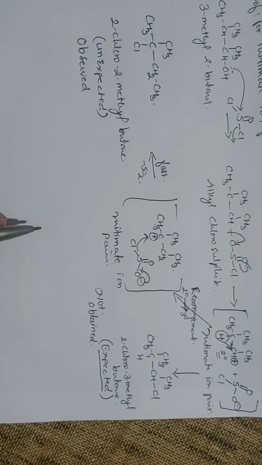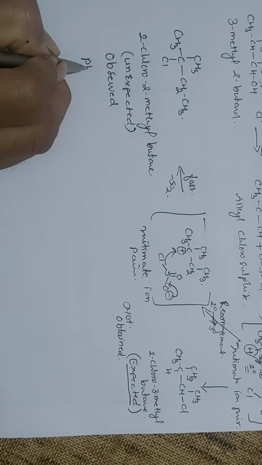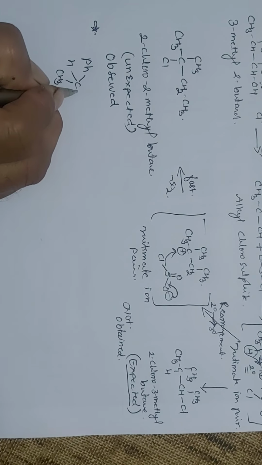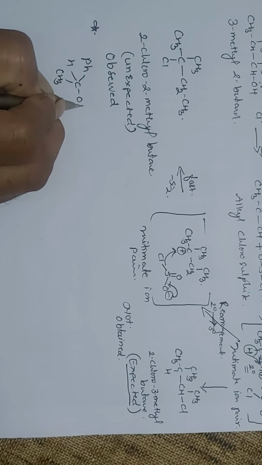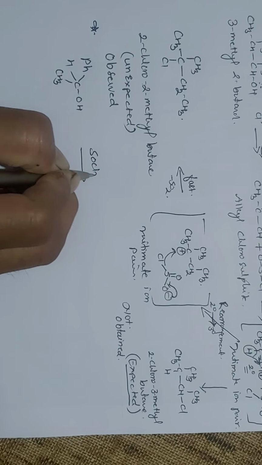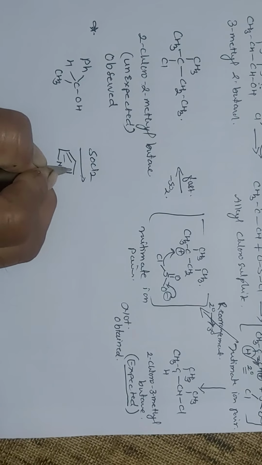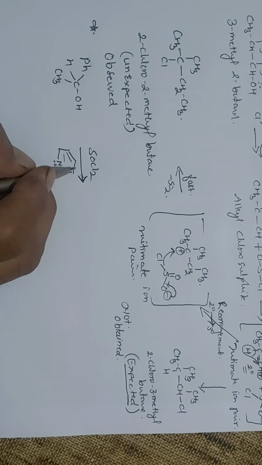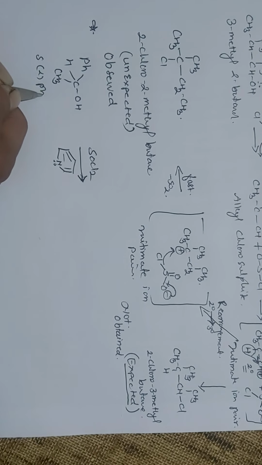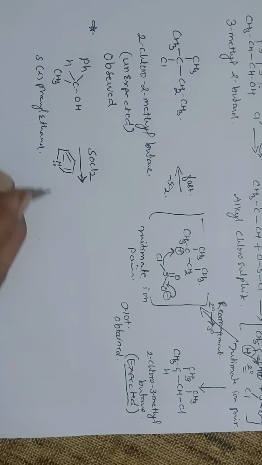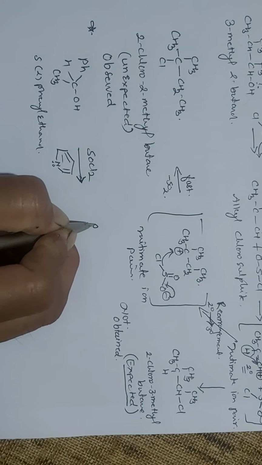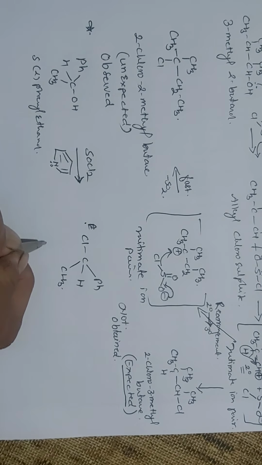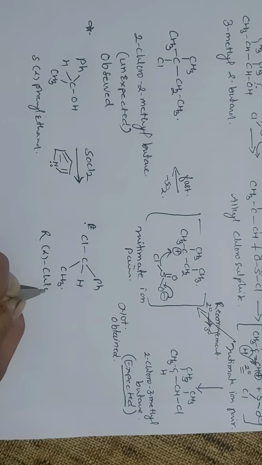But if the same reaction is carried out, the main thing to be considered is that the reaction of alpha phenyl ethanol with thionyl chloride in presence of pyridine, a base which is added in this reaction, the presence of pyridine as a catalyst gives you the product: S alpha phenyl ethanol is converted to R alpha chloro ethyl benzene.